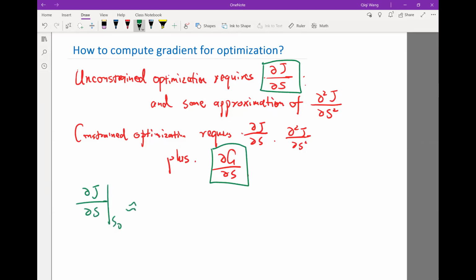We can just approximate it with finite difference, which requires a small perturbation to J: J of S0 plus epsilon times the vector (1, 0, etc.), so we are only perturbing the first design variable by epsilon, minus J of S0, divided by epsilon. That's going to be the first component of the derivative.